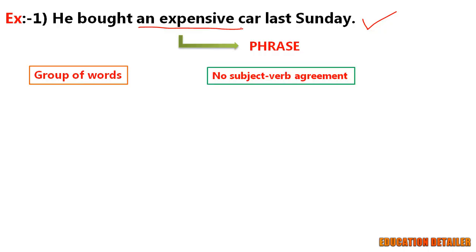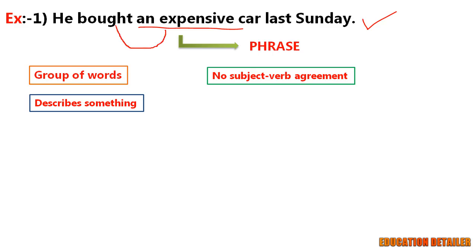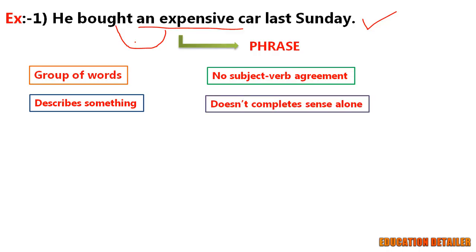No. Remember, a phrase does not contain a subject doing an action. And one more thing, as we learned earlier, a phrase is used to describe something. Here, it modifies or describes the verb bought. Also, it does not complete sense on its own.